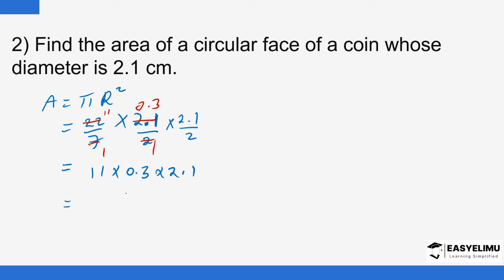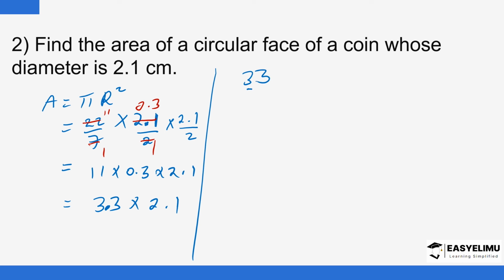So 11 by 3 is 33, with one decimal place, and then you multiply by 2.1. Again, 3.3 times 2.1, we just multiply 33 by 21, but we have one decimal place here and one decimal place here, so we add the two decimal places. That is one plus one is two decimal places. So we multiply 33 by 21 and we know the answer should have two decimal places.